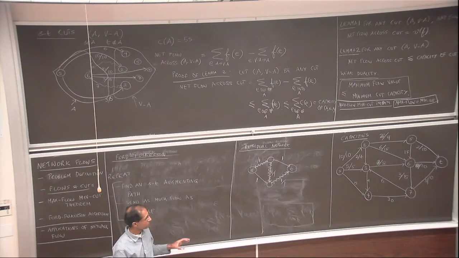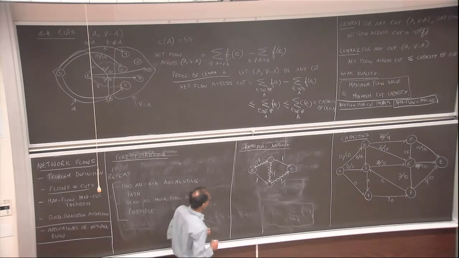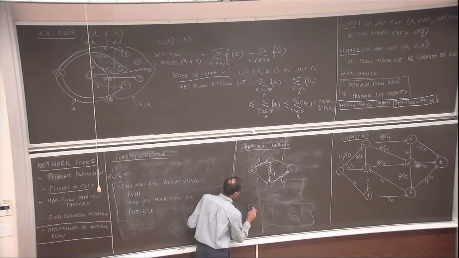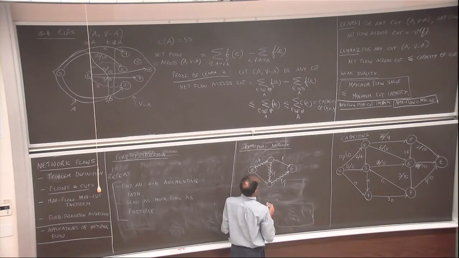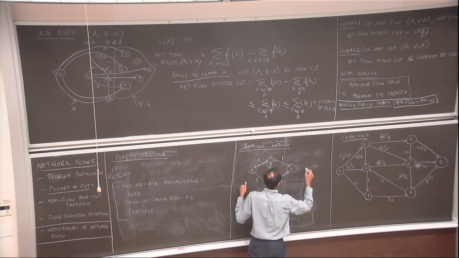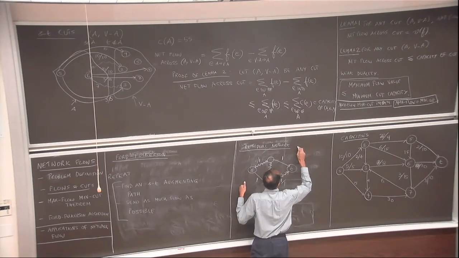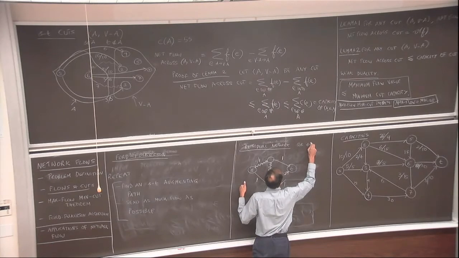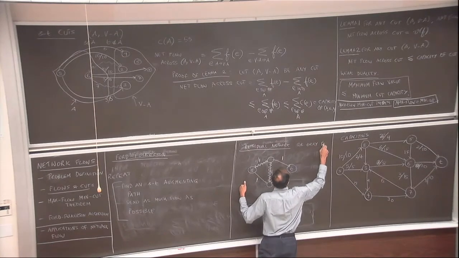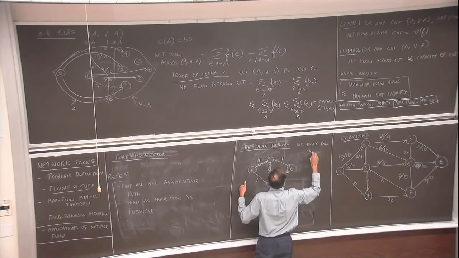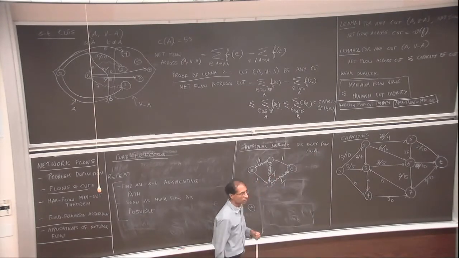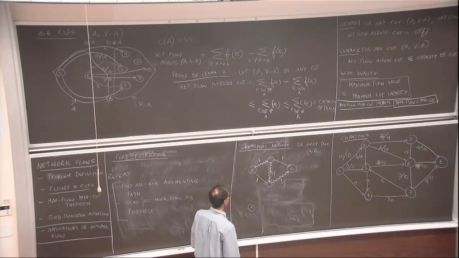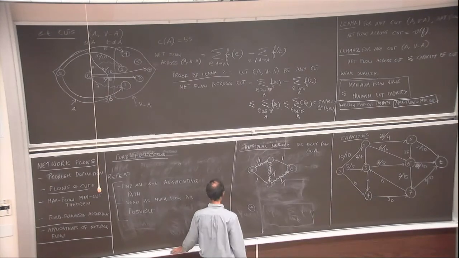There will be some changes made, and it will have different capacities. So the residual network has the following property: for every pair UV, you will have an edge.